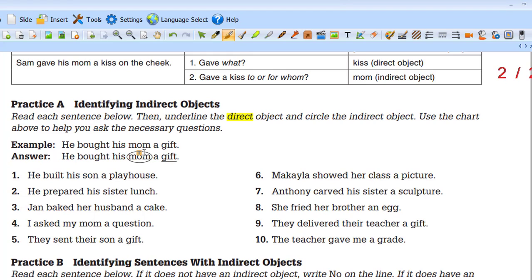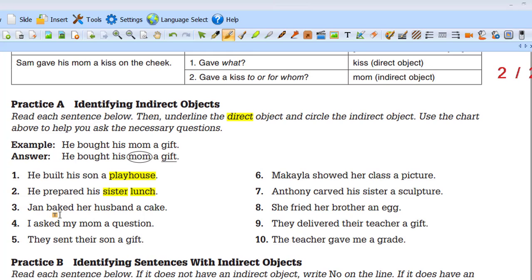In number 1 we have the indirect object sun, circle sun, and then playhouse, underline playhouse. It's the direct object. Again, number 2, sister. Sister here is what? Indirect object. Lunch, direct object. So you have to underline lunch and circle sister. You got the idea? Circle sister.